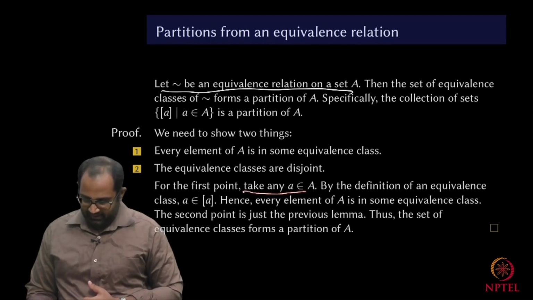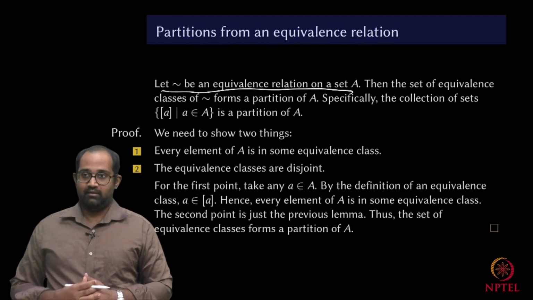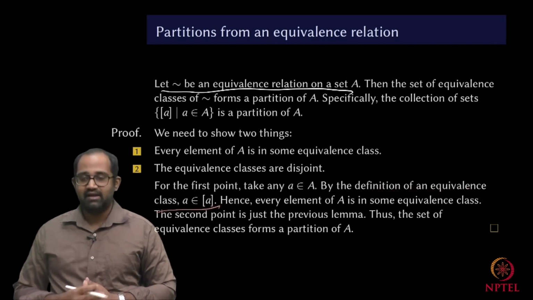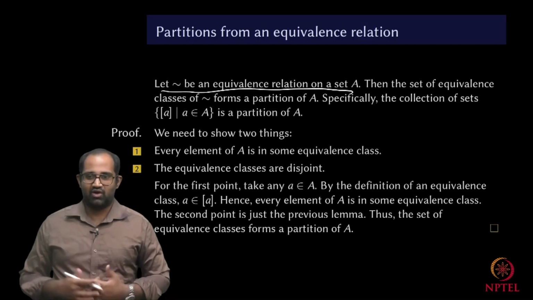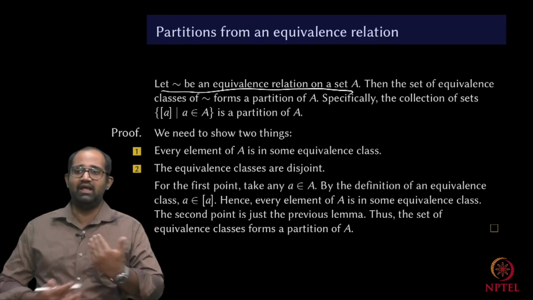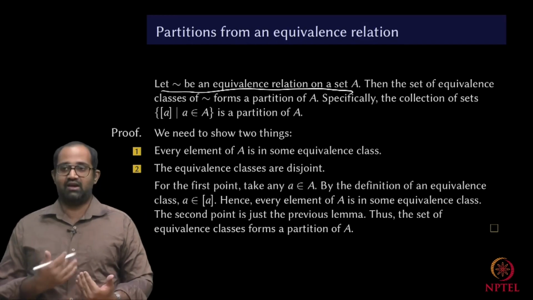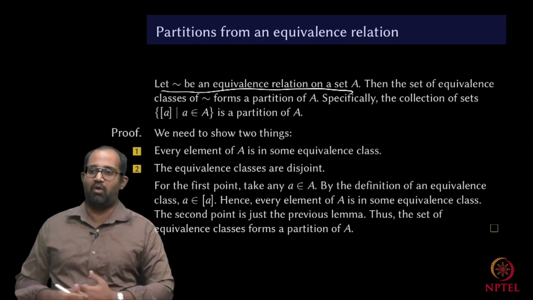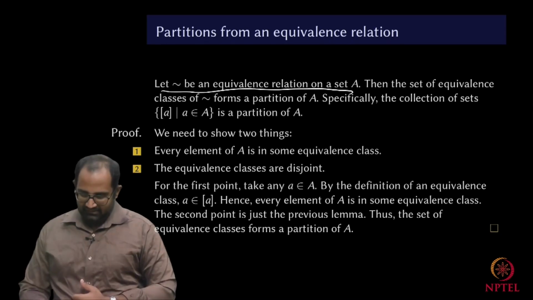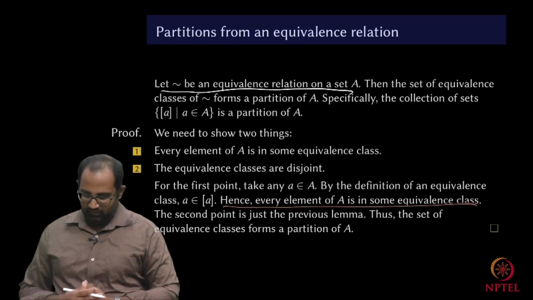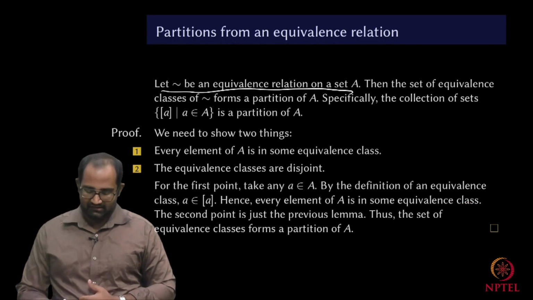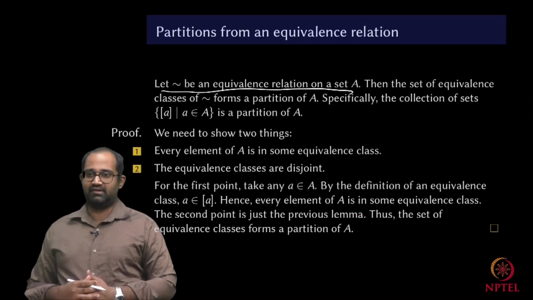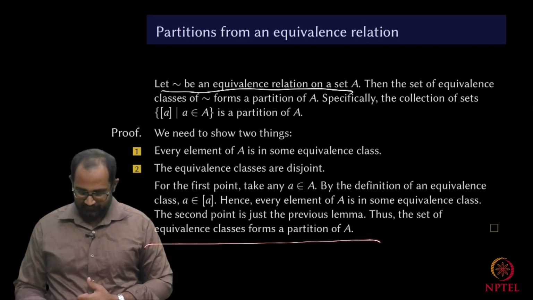Take any point A in A. By the definition of equivalence class, A is an element of box A, because box A consists of all the elements in the set A which are related to A. In particular, by reflexivity, A will be in this box. So, that means every element of A is in some equivalence class, and as I said, the second point is just the previous lemma. Thus, the set of equivalence classes forms a partition of A.